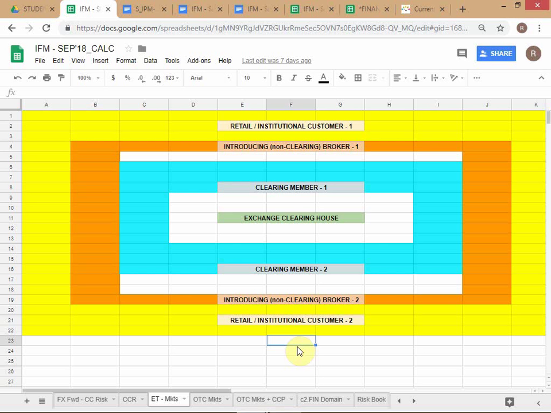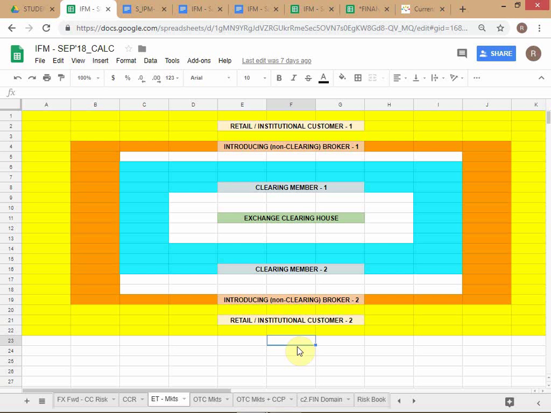You will notice in the spreadsheet, if you see that other spreadsheet, it says daily M2M and settlement of profits and losses, something to that effect, in the two columns. This is what is meant by daily settlement in ETM, especially in the case of futures contracts.